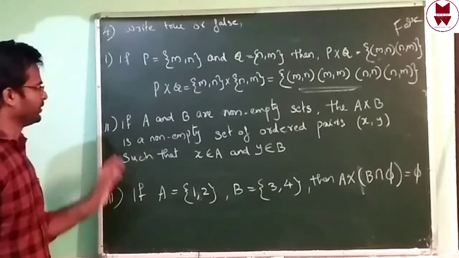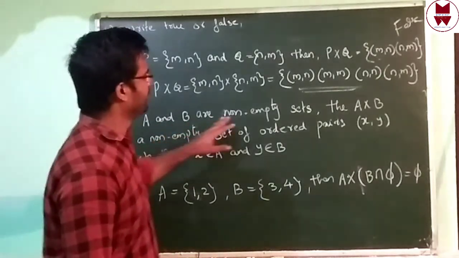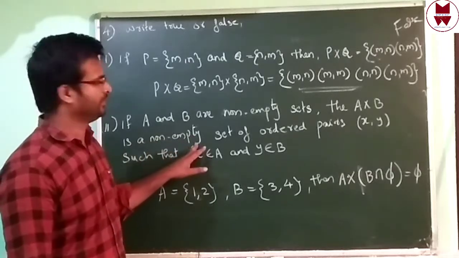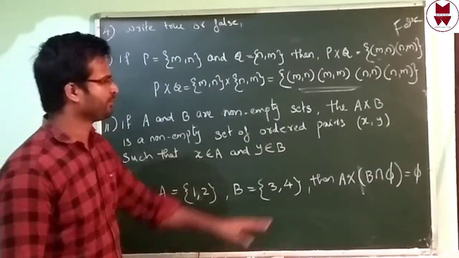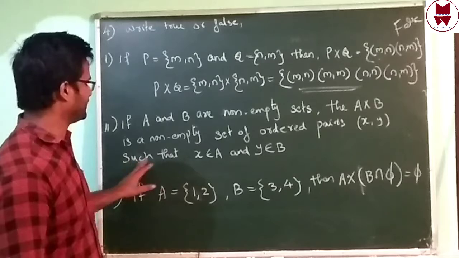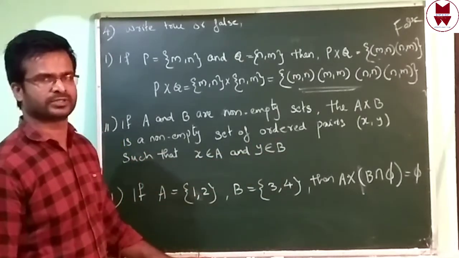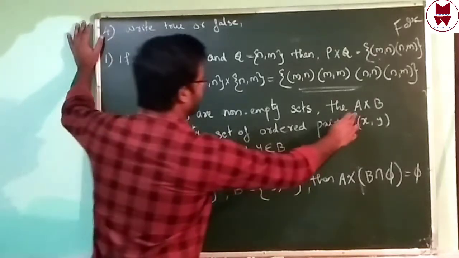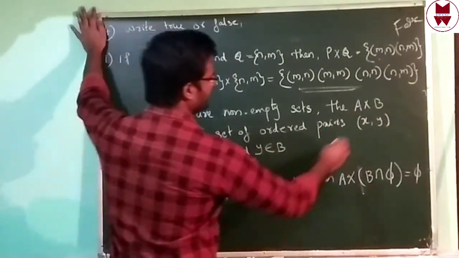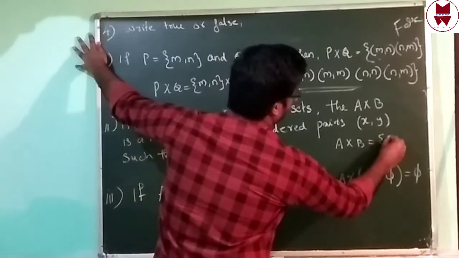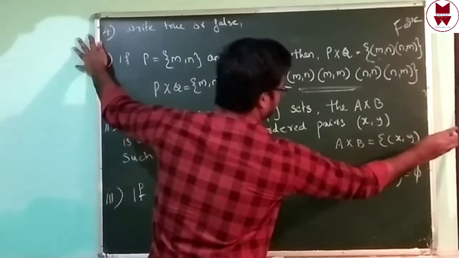Then Roman number 2: if A and B are non-empty sets, then A cross B is a non-empty set of ordered pairs X, Y such that X belongs to A, Y belongs to B. Correct or not? Sure. Look, A cross B equals set X, Y, isn't it?